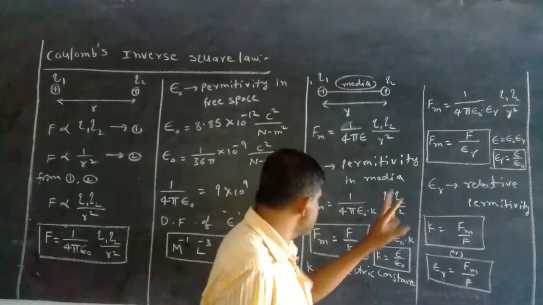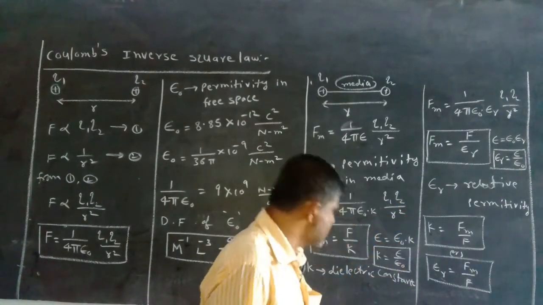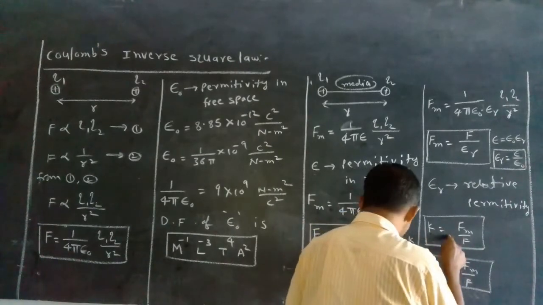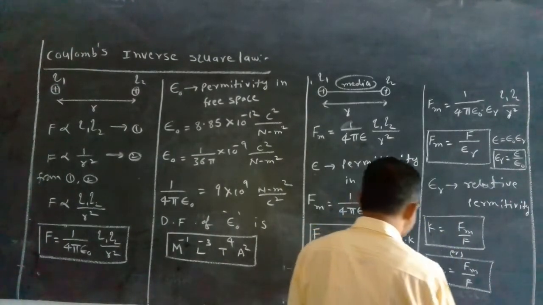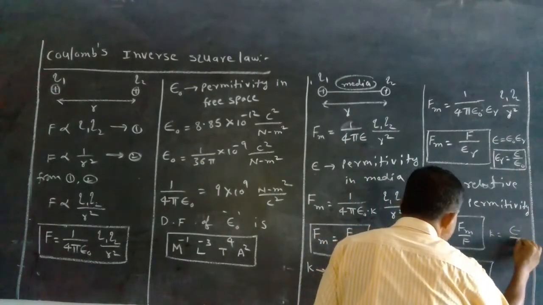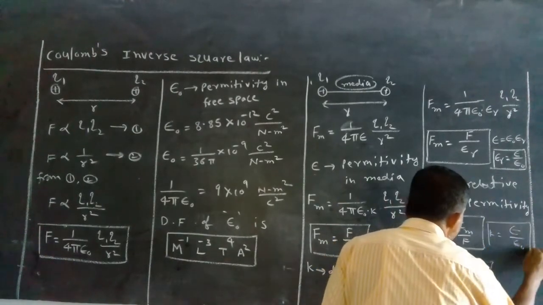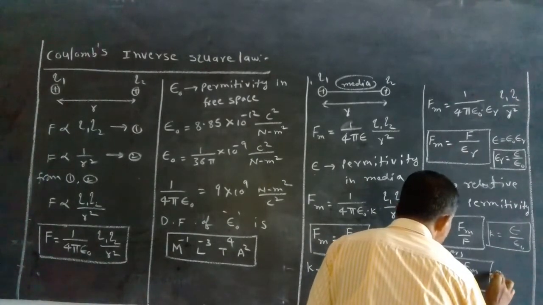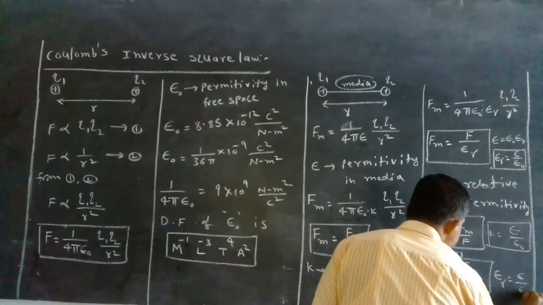You see this equation and this equation: the force is decreased. Not only this form, we can write K is equal to epsilon by epsilon naught, and epsilon r is equal to epsilon by epsilon naught.